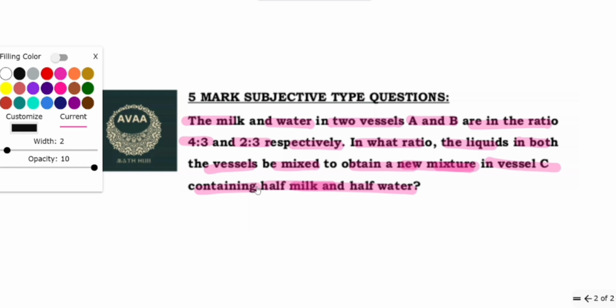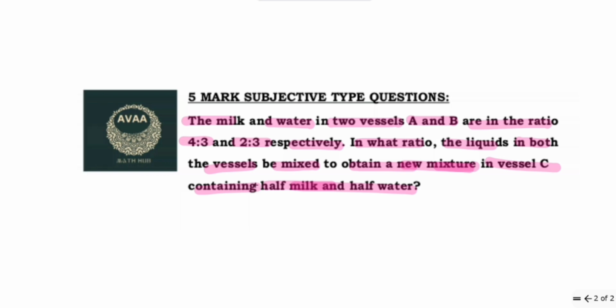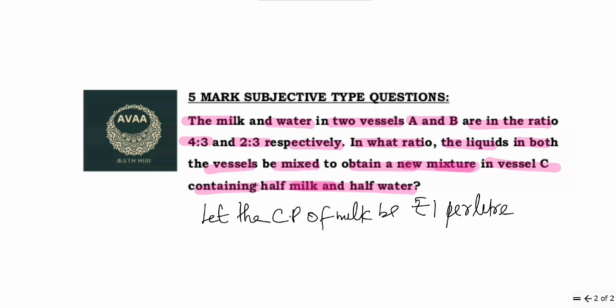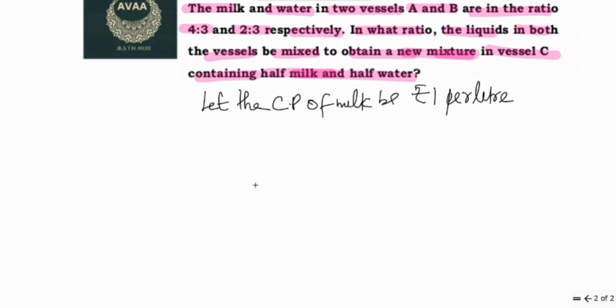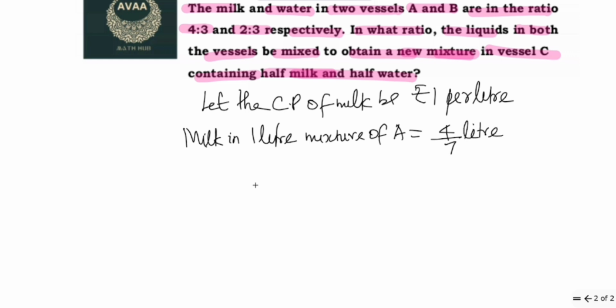For this one, we are going to apply our rule of alligation. So let us assume our cost price of milk be ₹1 per liter. If they didn't provide anything in the question, we have to assume it to be ₹1. So milk in 1 liter mixture of A is 4 out of 7 liter.